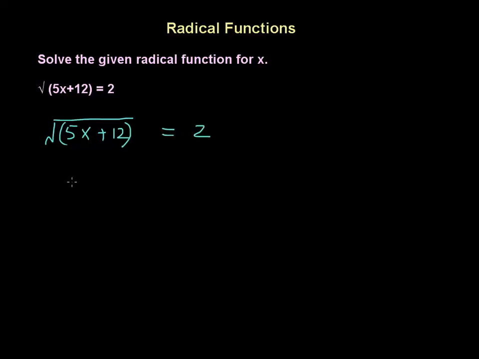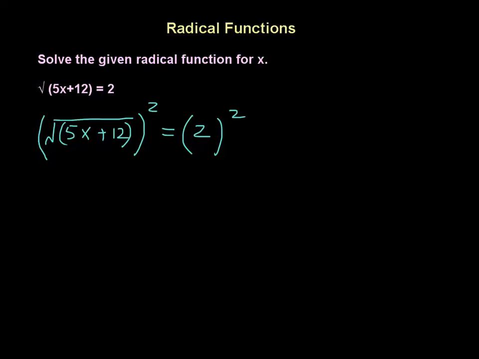We have to remove this square root sign. So I'm going to put a small bracket here and square the left hand side, then I have to square the right hand side as well, right?